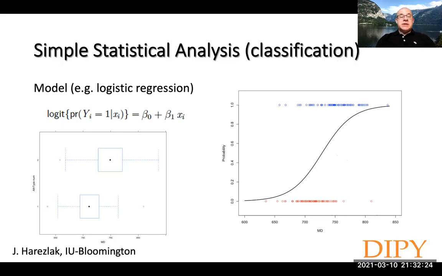As you can see here on the bottom left, we see just a simple box plot of the values. These are values from the mean diffusivity. But we can also represent that as in the plot on the right, where we might model the probability of somebody being a case, denoted by 1 in blue, or somebody being a control.